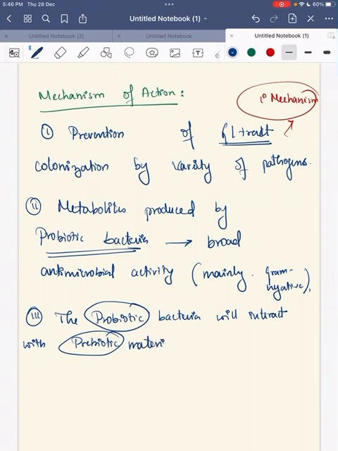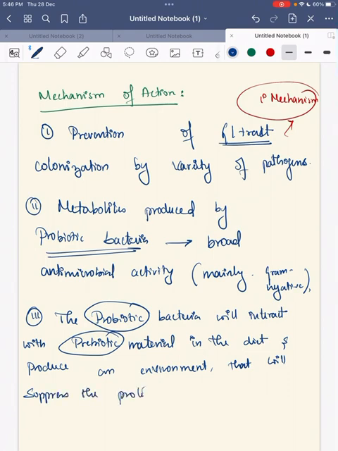Together they produce an environment that suppresses the proliferation of pathogens and reduces the inflammation.